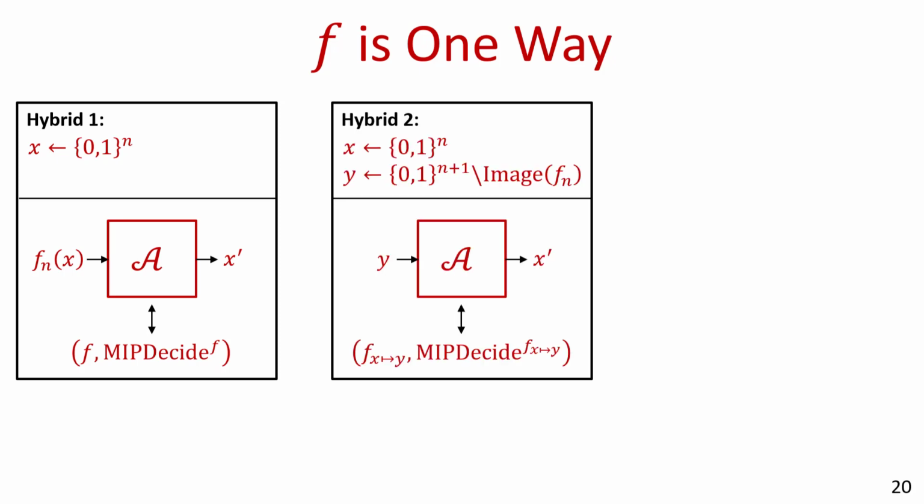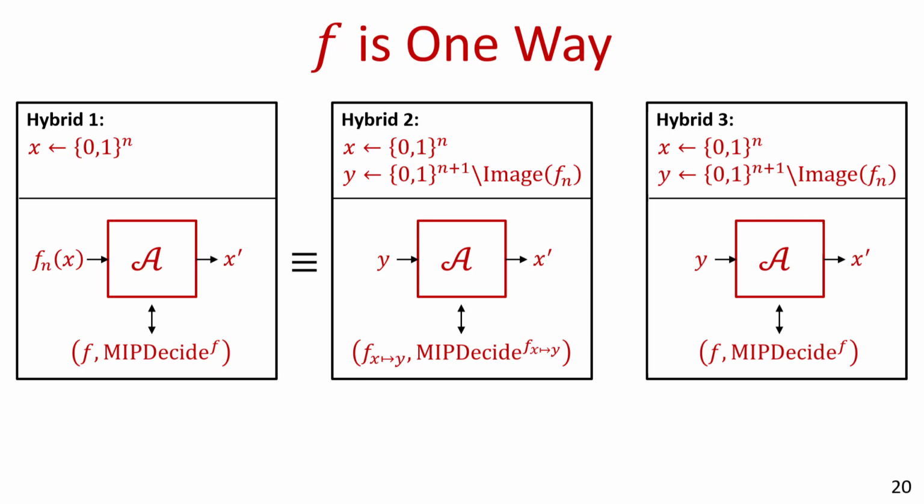In the second hybrid, we sample y outside the image of f and answer its queries using a modified oracle, where we modify f to output y on input x and modify MIP_decide accordingly. The views of the adversary in the first and second hybrids are identically distributed, where in the second hybrid we just renamed f of x to y.